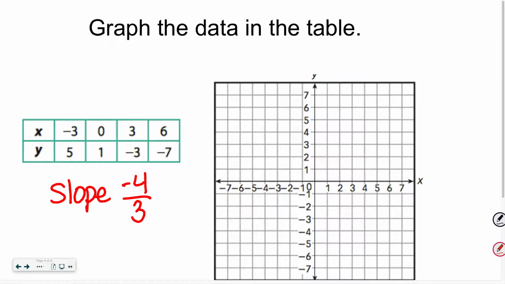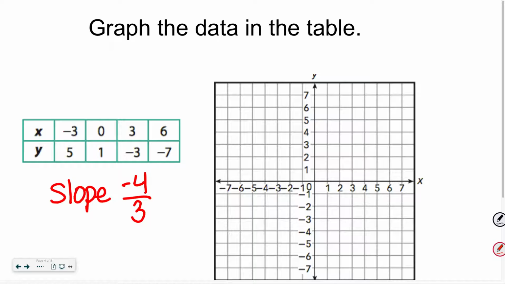How can we use this information to graph the data? What else do we need? Is there anything else we need besides just the slope? The y-intercept, or can we use any of our points? How many points do you need to create a line? So can I just use any coordinates on that table? Would it give me a line? Let's try it out.